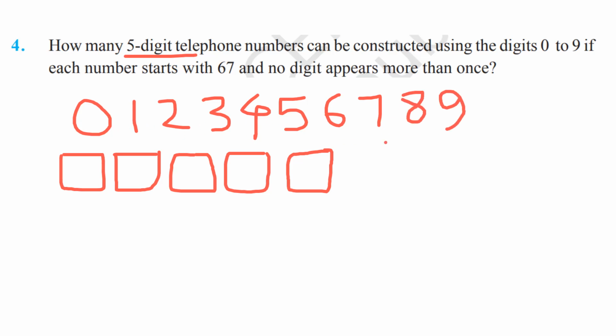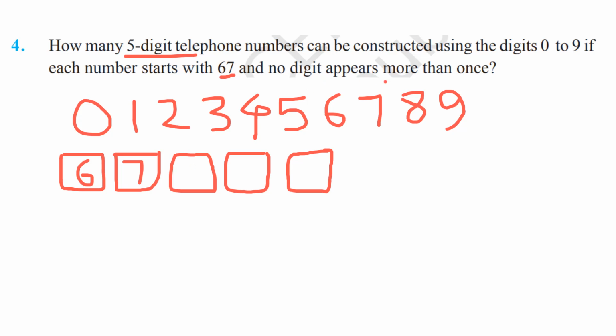We have 10 distinct objects to fill these 5 positions, and we have a few constraints. Each number starts with a 67, so we are only interested in those 5-digit telephone numbers that start with a 67. So these first 2 positions are taken.